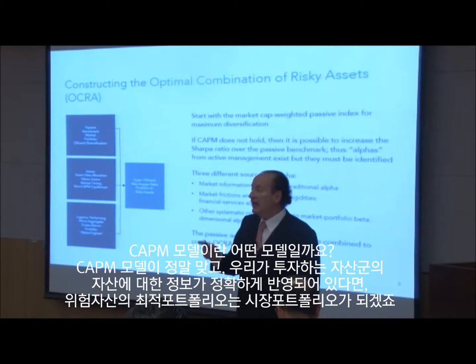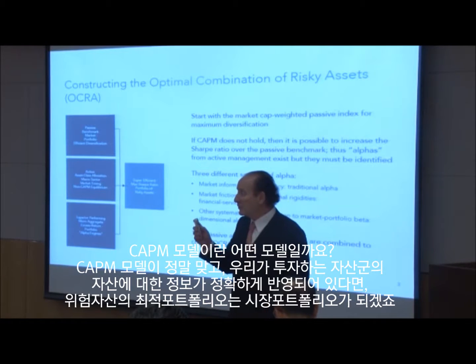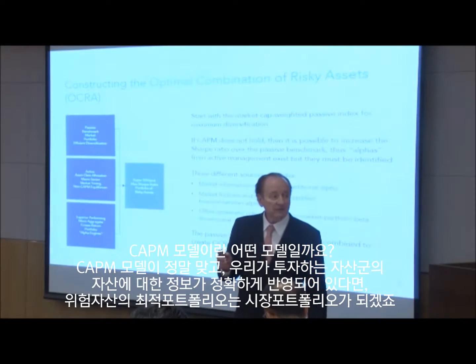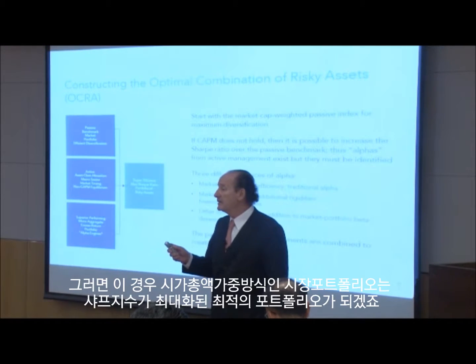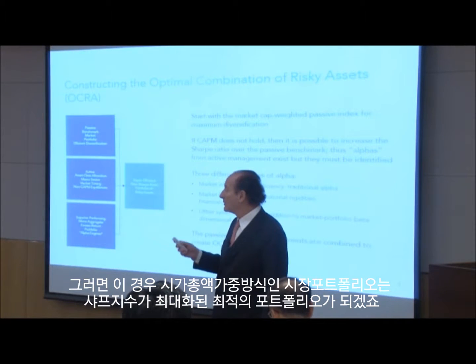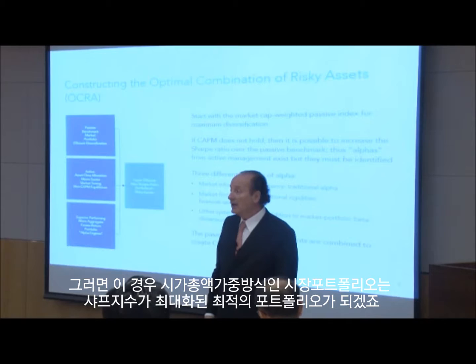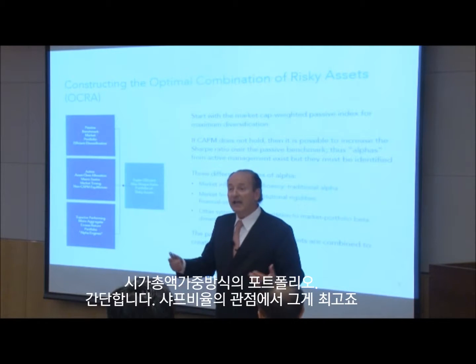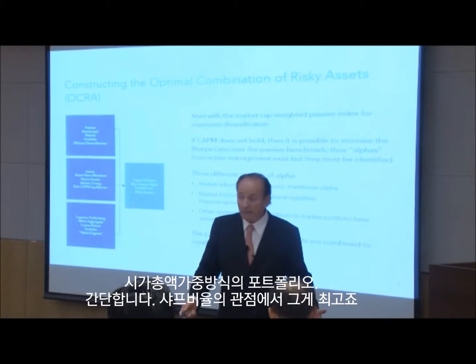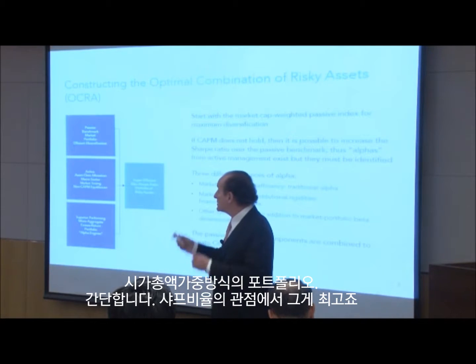It says if that model is good enough to describe the world that we're interested in investing in, then it is the case that the optimal combination of risky assets, the highest Sharpe ratio, is the market. A cap-weighted portfolio. It's very clear.